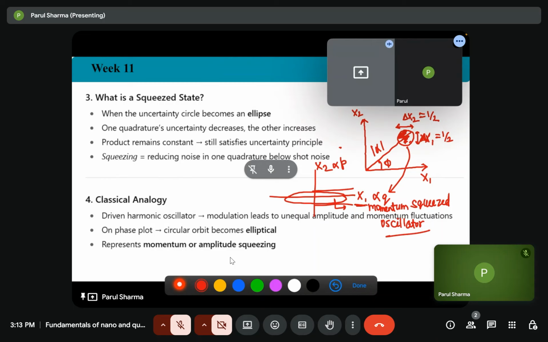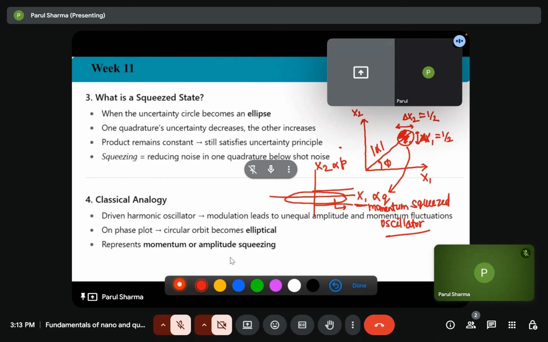But the product remains constant and it will still satisfy the uncertainty principle. So how can we understand squeezing? Squeezing is reducing noise in one quadrature below shot noise.